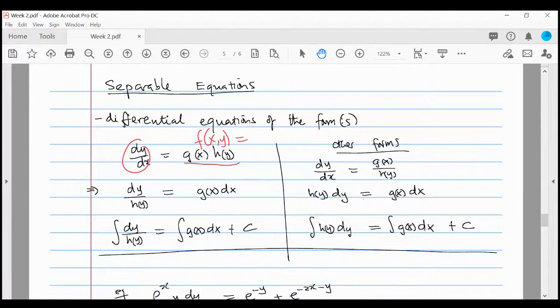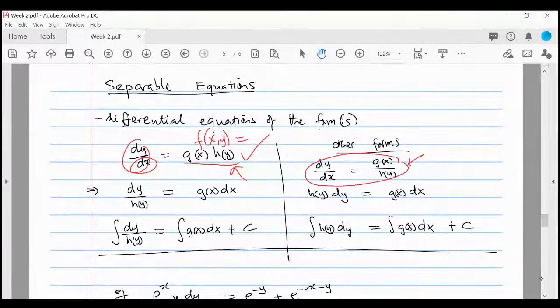It means we can separate the variables x and y in terms of functions, and also separate the differentials dy and dx. So you can get this form or this other form, or any other haphazard form that you can play around with and bring to these two forms. They're equivalent. Then you have a separable equation.